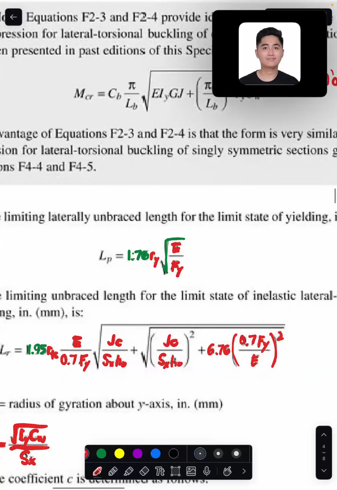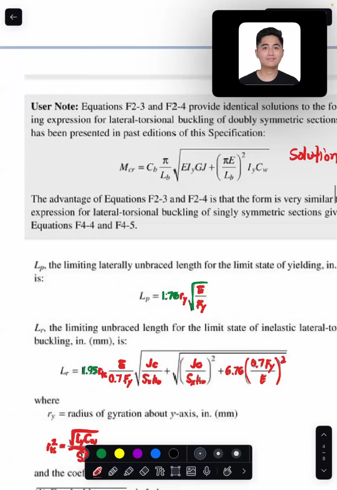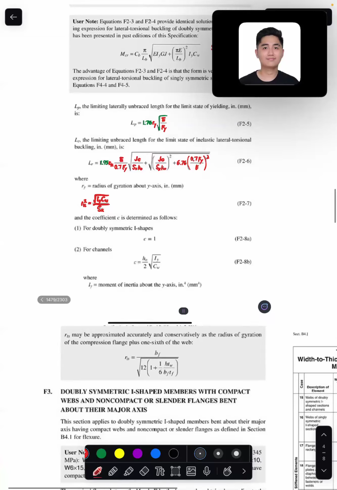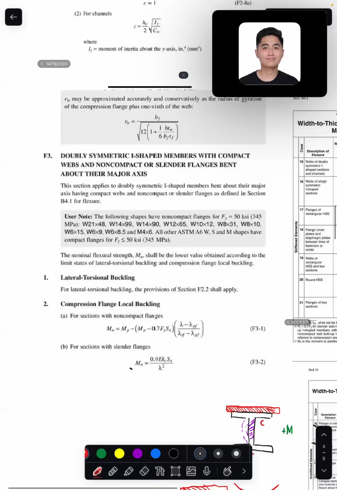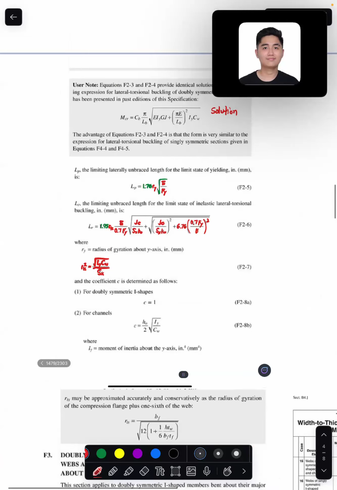Yung C sub W, hanapin lang natin. Wala pala sa code yung formula ng C sub W. Yung C sub W is what's called the warping factor. Ito, makikita mo kay table 1-1.